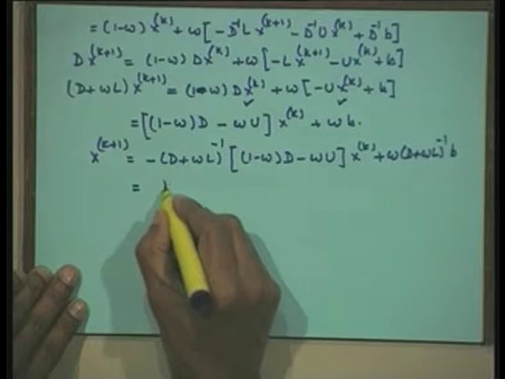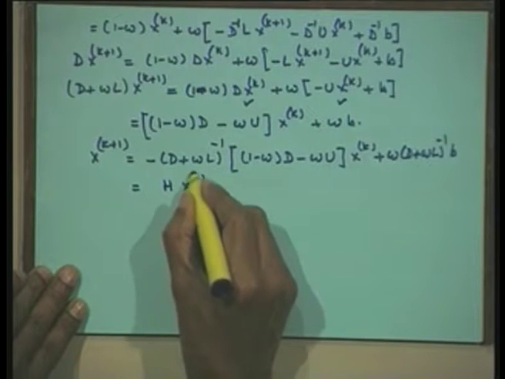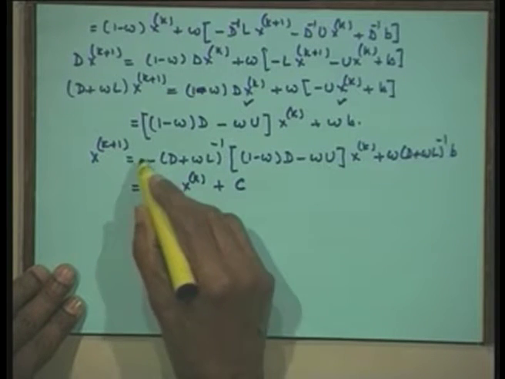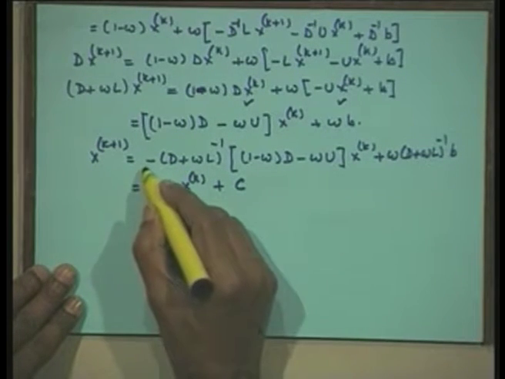Therefore, we shall write it as H x k plus some C, where this H is the iteration matrix given by this particular expression.